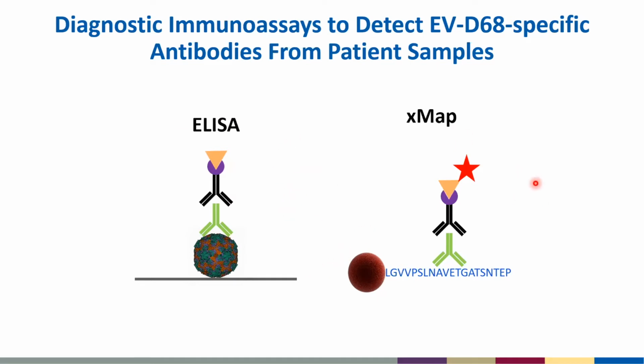And then the multiplex assay, which is an xMAP or bead-based assay, we coat these beads, and I'll talk a little bit more about this, with a linear peptide. And then if the antibody binds and recognizes this amino acid sequence, the secondary antibody will then bind the primary antibody and emit a fluorescent signal. So this is really a fairly straightforward concept.